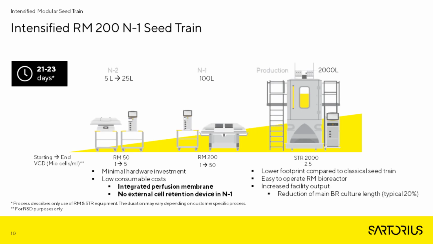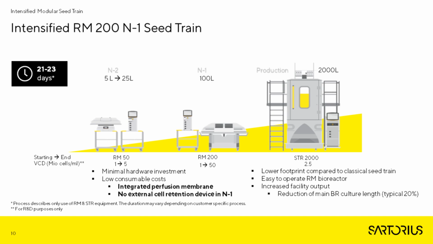The intensified offering, as you can see, is drastically different to our classical proposal, and it consists of a relatively smaller number of equipment. So at this point, only 2 N-X stages, followed by the production bioreactor.